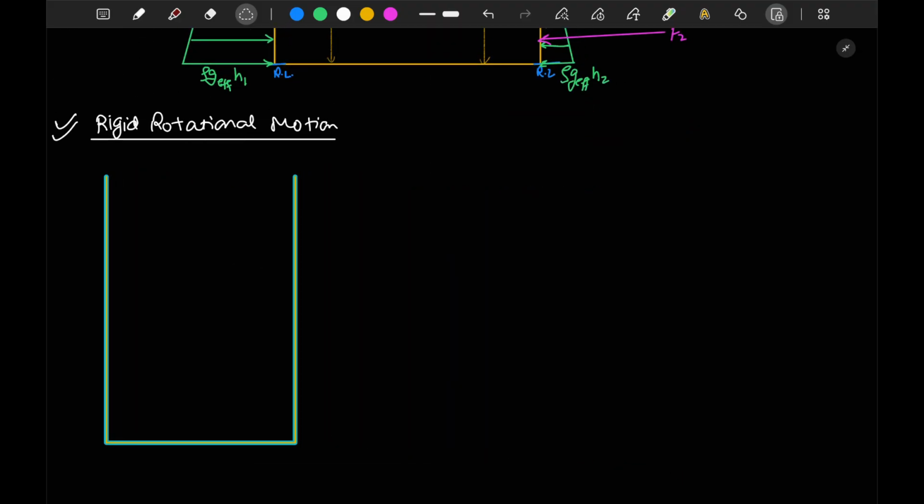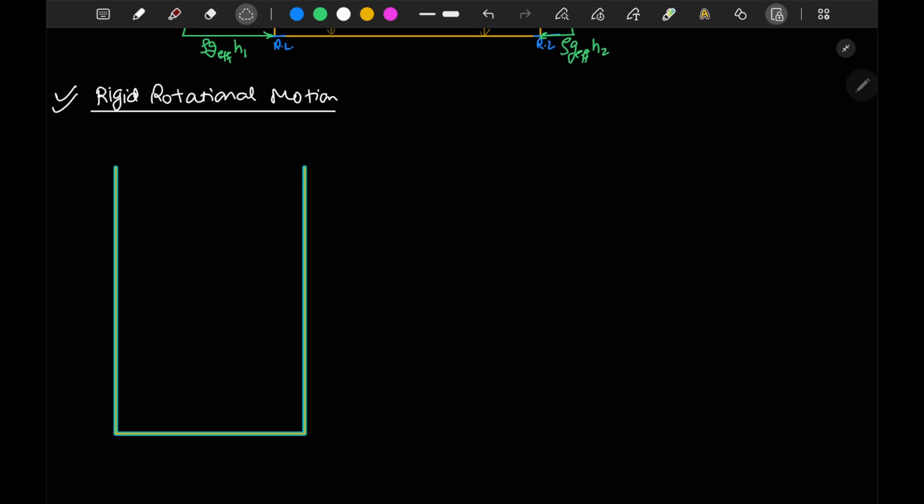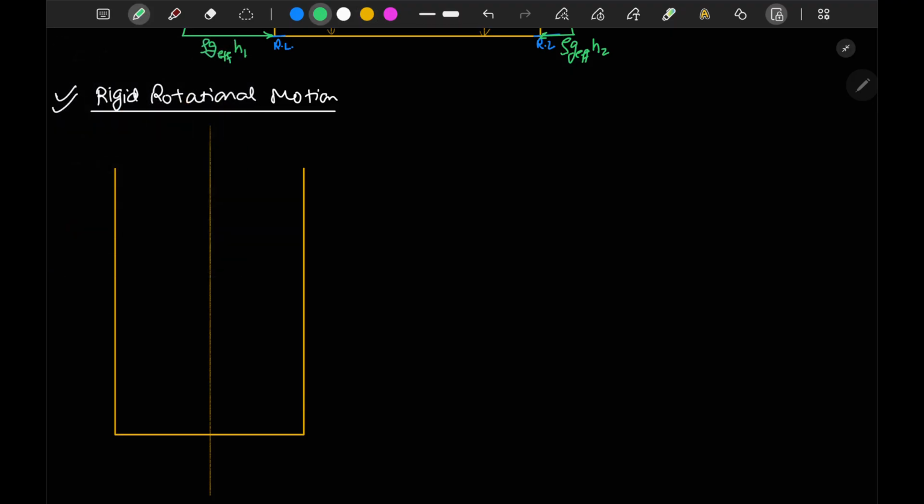We have attached it to an axis, and we are rotating the cylinder about this axis at an angular speed of omega, and this axis is your z axis.